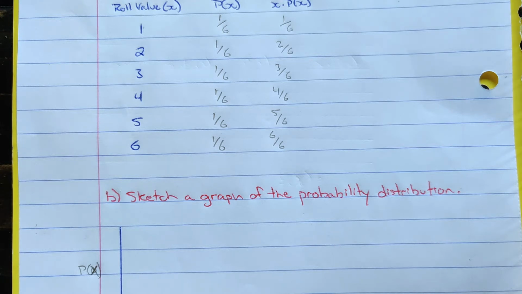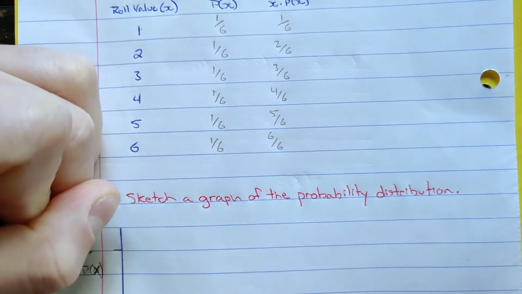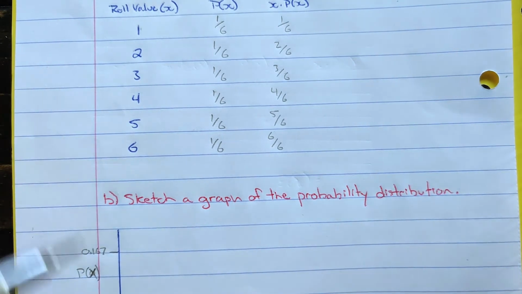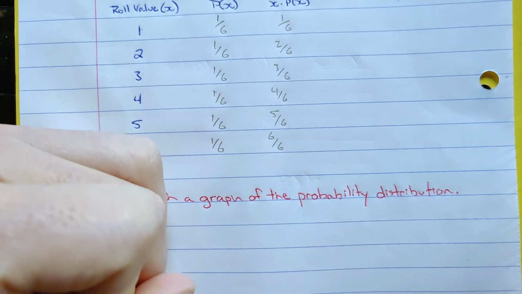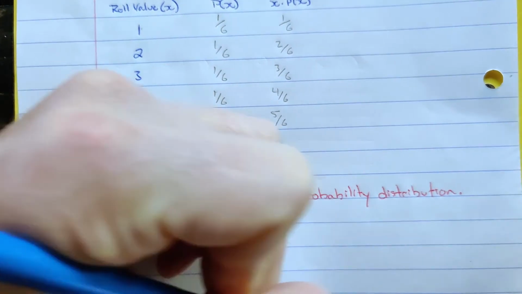So we'll say it's about 0.167 if we round that out. So right here, this value is 0.167 as a decimal. So we have our rolls of 1, 2, 3, 4, 5, and 6.